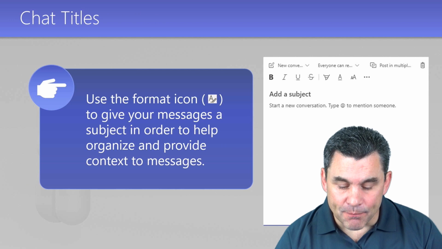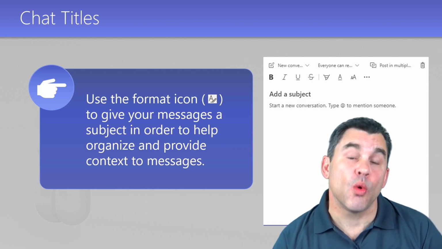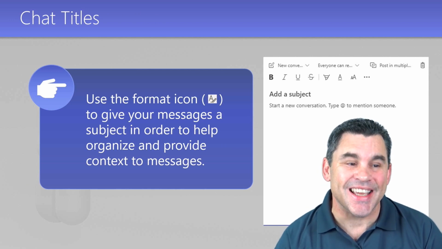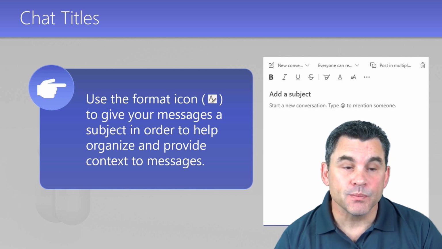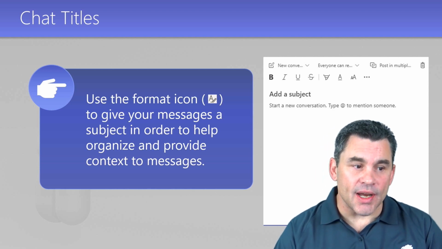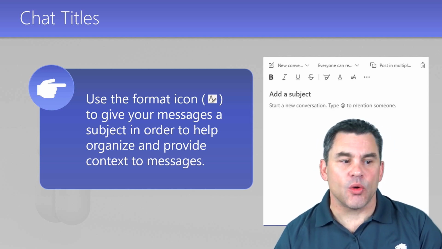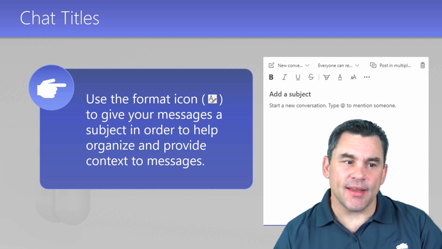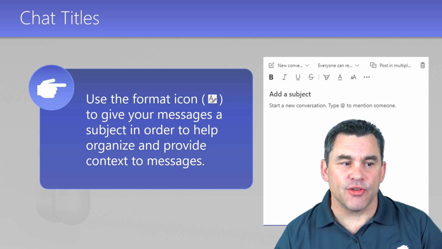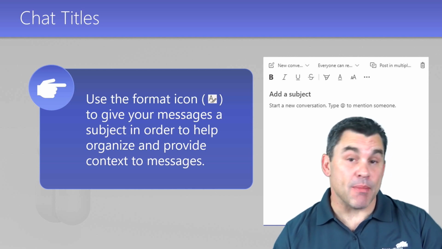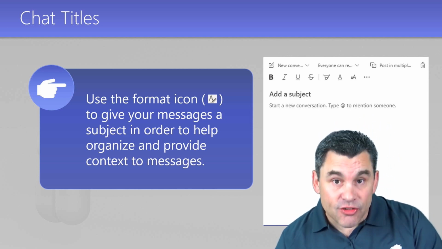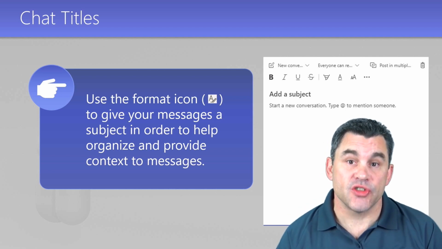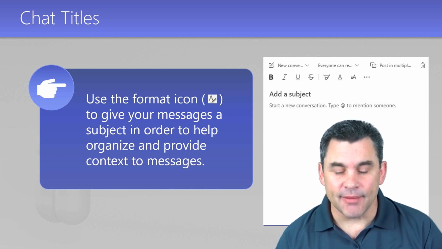Chat titles. When you are doing conversations, to organize your conversations a little bit easier, format them. Organize them in a way via subject or provide context. I guess the best way to say that is to use the format icon to specify maybe a color, maybe a different font style to organize your messages in your chat environment.